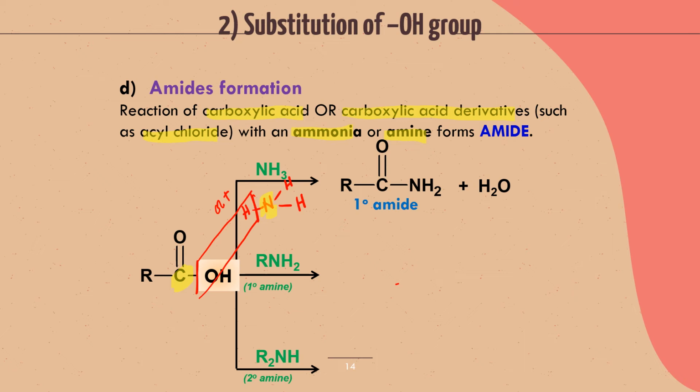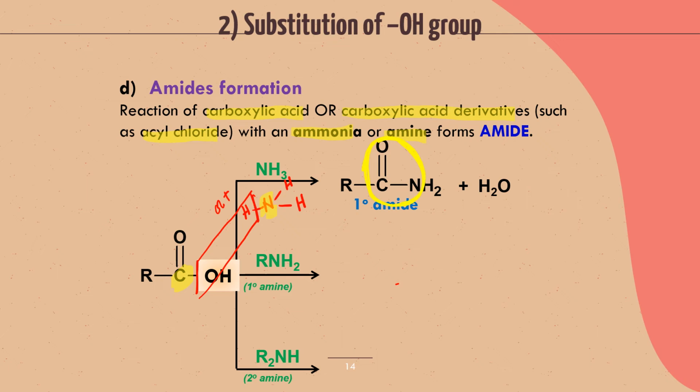So by doing that, maka kita akan dapat this product. Okay, so with the formation of this kumpulan, okay, iaitu C double bond O N, maka we have successfully forming the amide. But now, how to classify this amide sebagai primary, secondary ataupun tertiary? Kita akan tengok kepada berapa banyak kumpulan R yang terikat kepada this amide group.